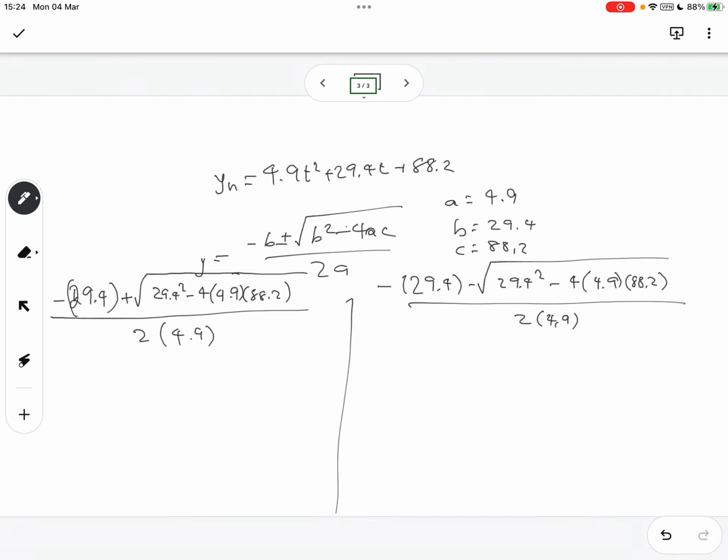Calculator. And this becomes, let's just say 29.4 squared minus, open bracket, 4 times 4.9 times 88.2, close brackets.